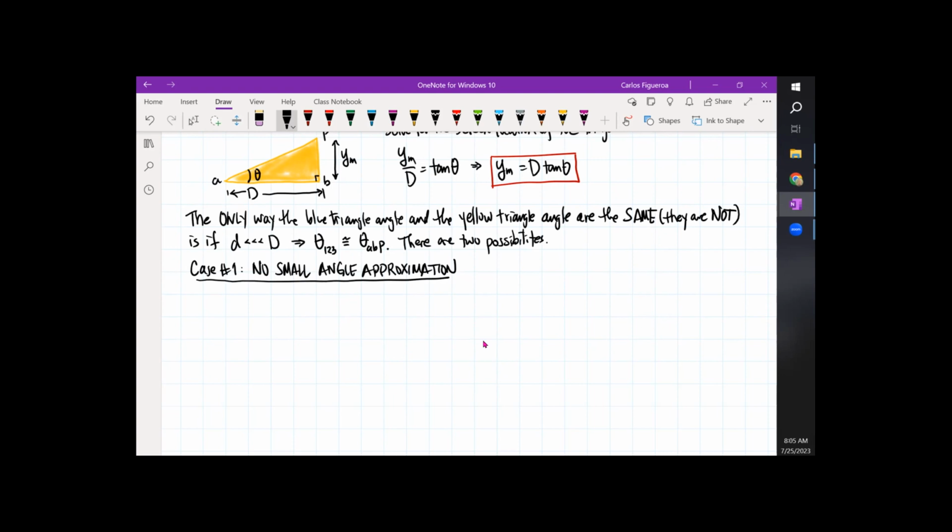So if this is the case, then the pair of equations must be solved simultaneously.